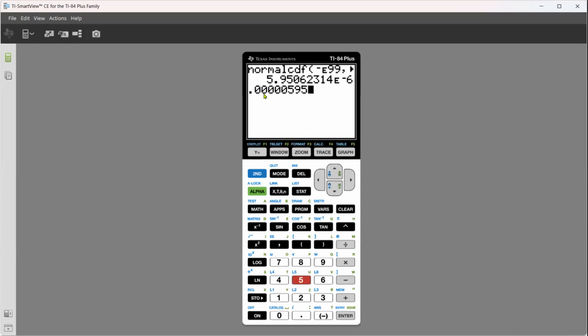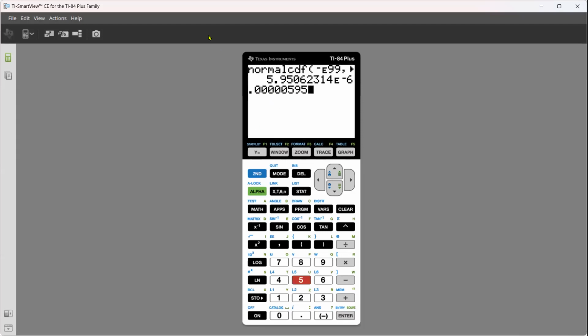We're not quite as far out in the desert as we were with the 0.33, but we're still out there. So if we rounded this to 4, this would be 0. If we rounded this to 6, we would get 0.000006. But if you round it to 4, you get 0, essentially.